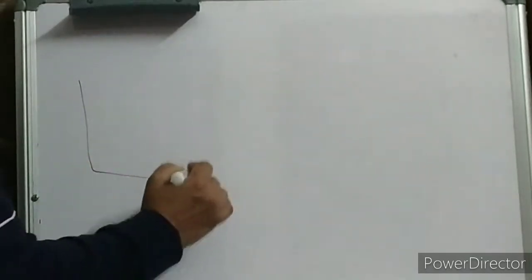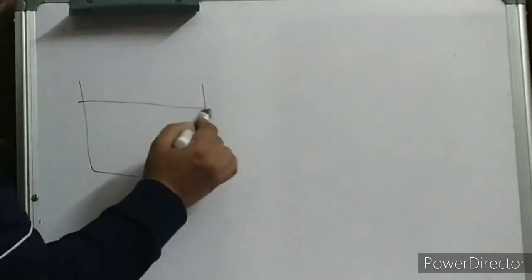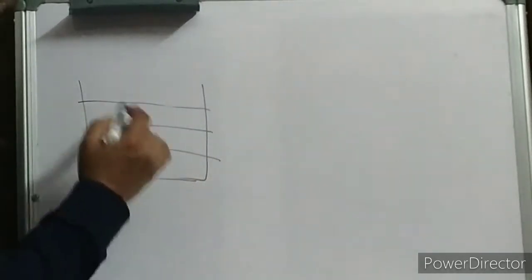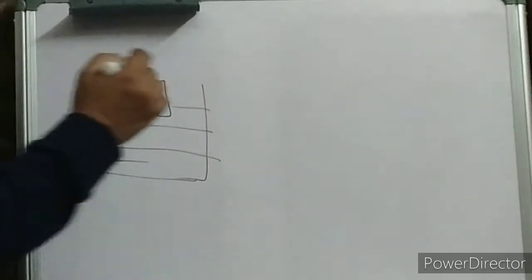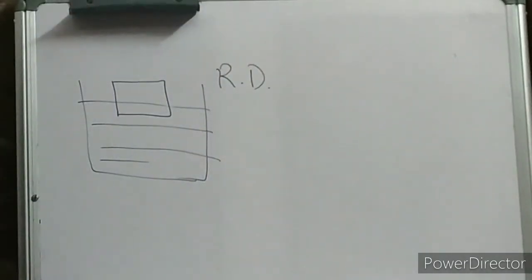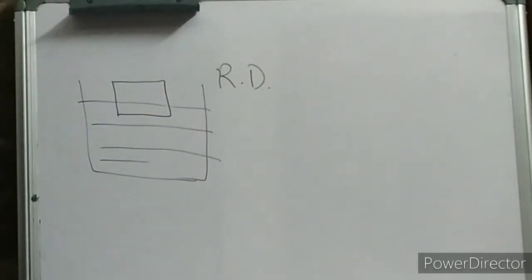Suppose this is your container and we are taking water, and now I'll place a wood in the water. Relative density, or specific gravity, gives the fraction of object submerged in water.